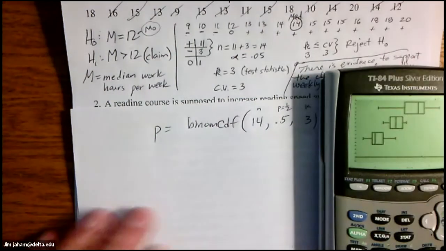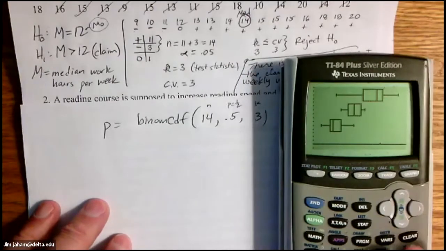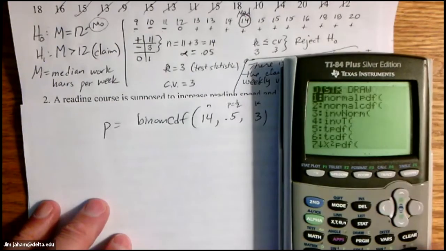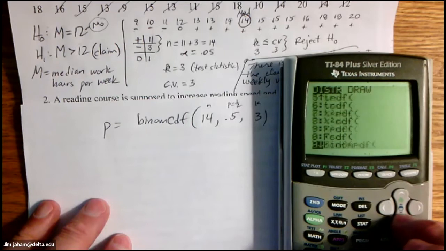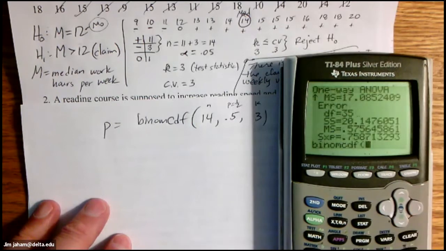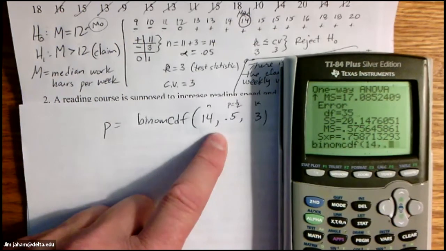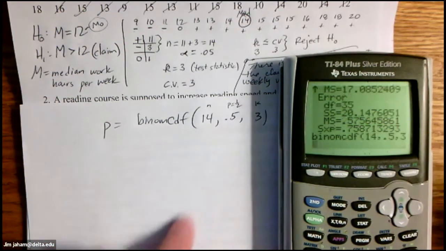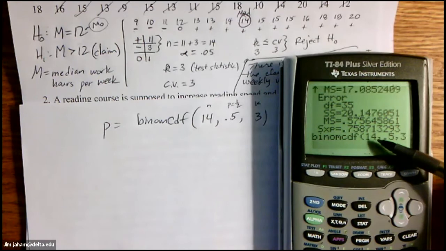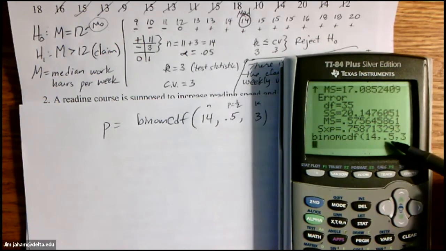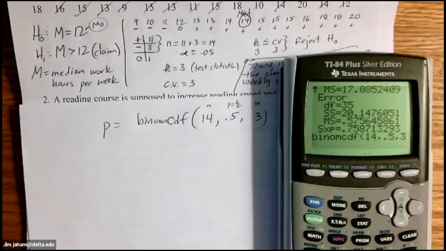And we punch that into the calculator. Find the binomial function, 14 and 0.5 and 3. So number of trials is 14. The probability value is 0.5. And I don't know what they say here, X value or data value or something like that.